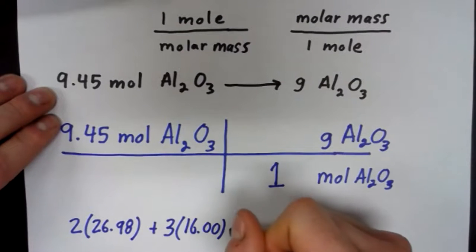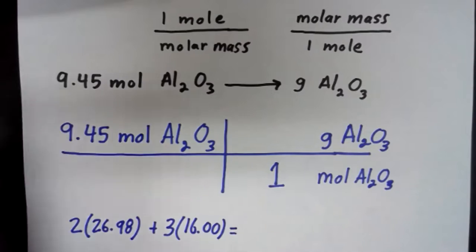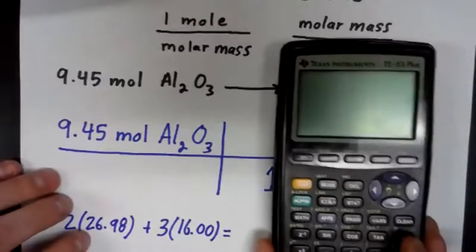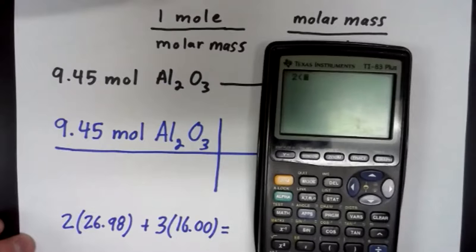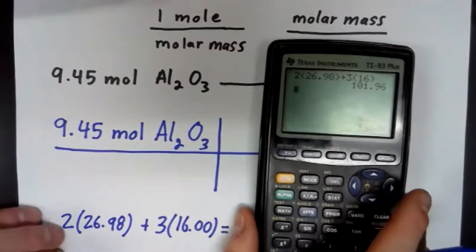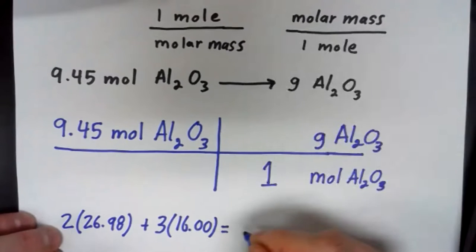And by doing this, we can figure out our molar mass. So I'm going to get out my calculator, plug this in, 2 times 26.98 plus 3 times 16. We get a molar mass of 101.96.